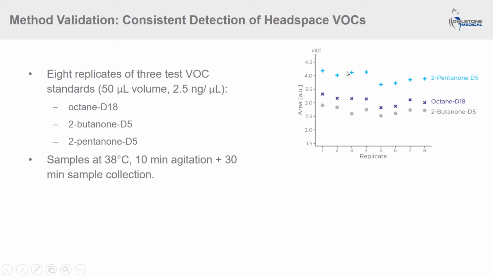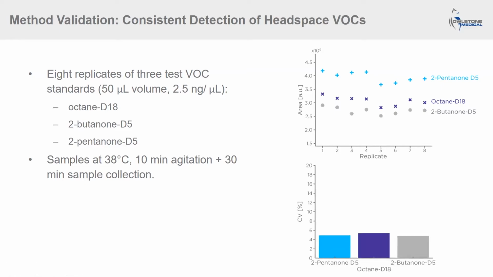As you can see, there is really not that much variation between our replicates. And if we show it as a coefficient of variation, we see pretty good analytical variation of about 5%. This is, of course, pretty simple samples, only 3 compounds.